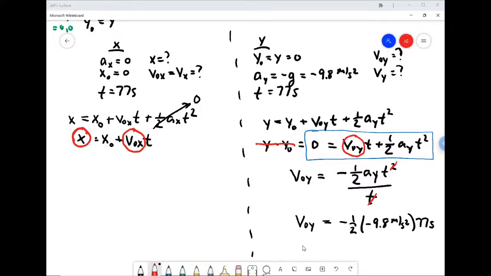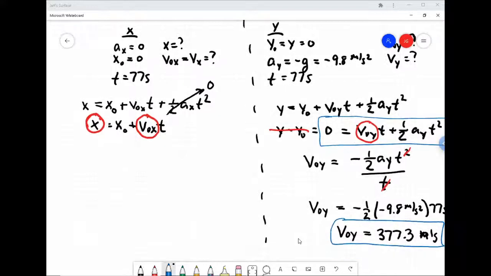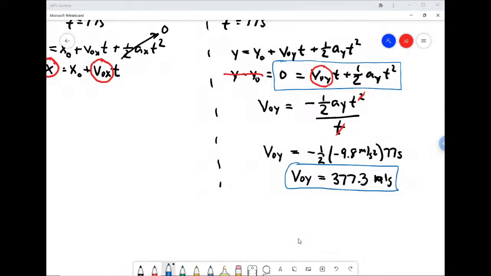Okay, I've got my calculator here. And I get an initial velocity in the y direction of 377.3 meters per second. Okay.